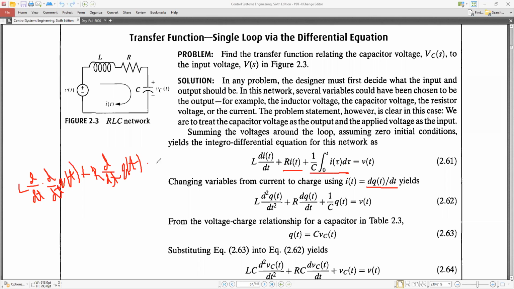Now this one plus 1 by C integral from 0 to t, instead of i(t), you can write the dq(t)/dt dt, and which is there.